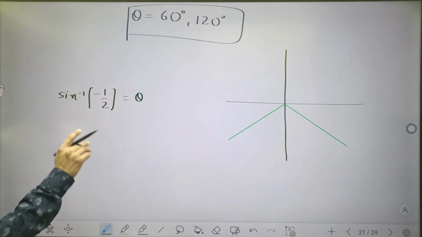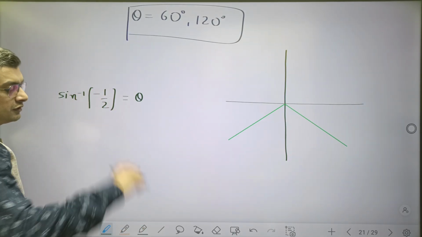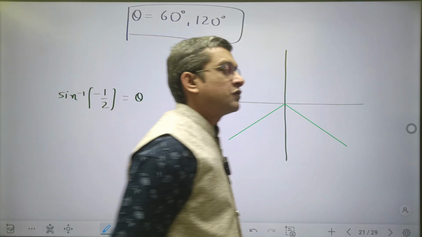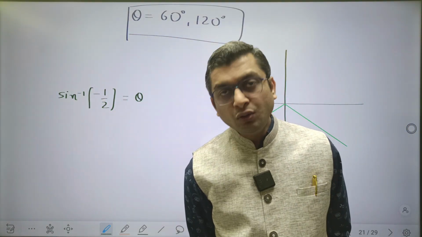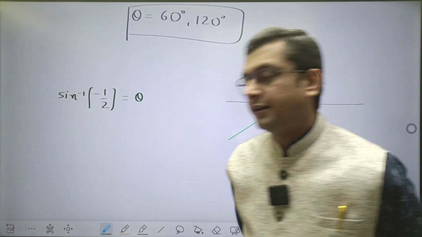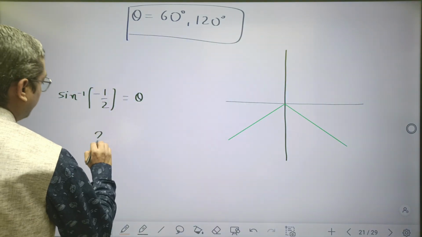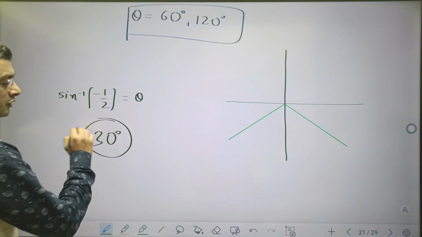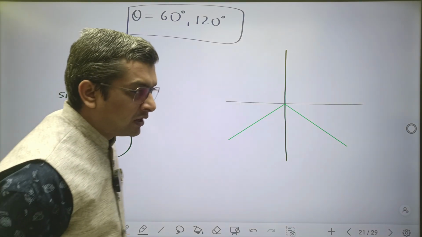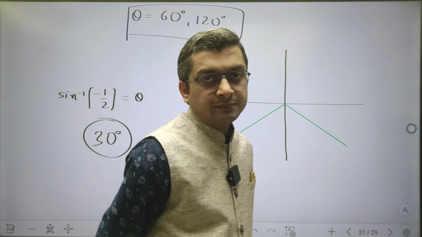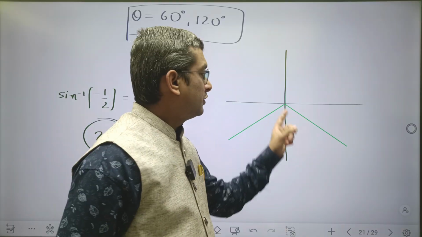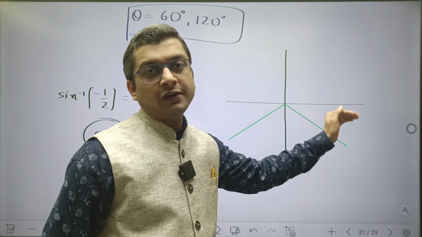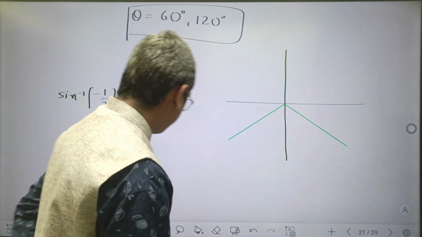Now the second step is 1 by 2. We have covered the minus. Now let us look at 1 by 2. Out of the standard values, sine theta is equal to 1 by 2 for an angle of 30 degrees. So what is step number 2? We mark the angles of these two lines from the two axes, that is, the positive x-axis and the negative x-axis.